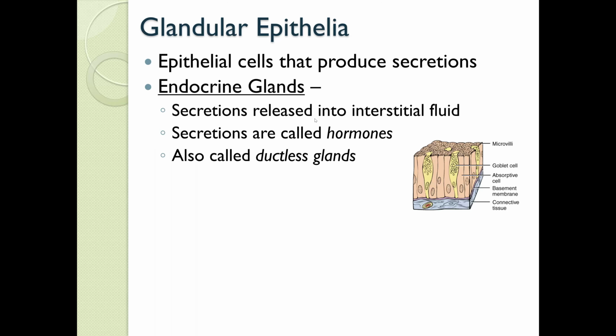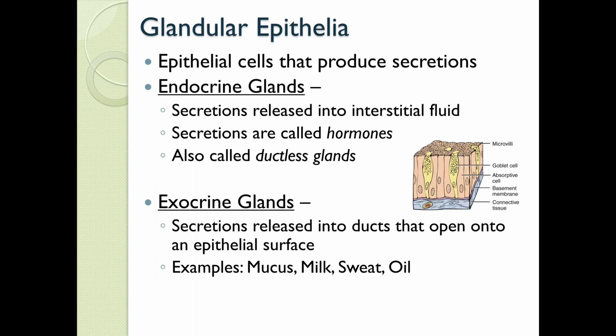So think of the endo as meaning inside, and the secretions are released into the body directly into fluid, not into a cavity or a surface. The secretions of endocrine glands are called hormones, and these are also called ductless glands. Then there are exocrine glands, where the secretions are released into ducts that open onto an epithelial surface.